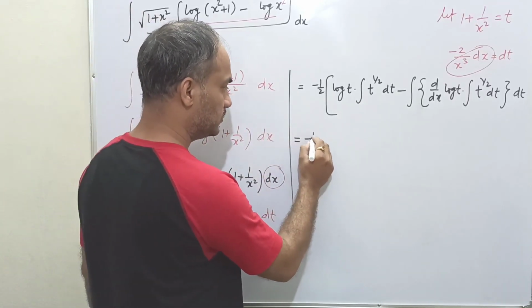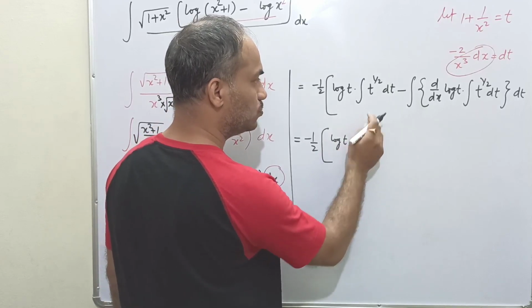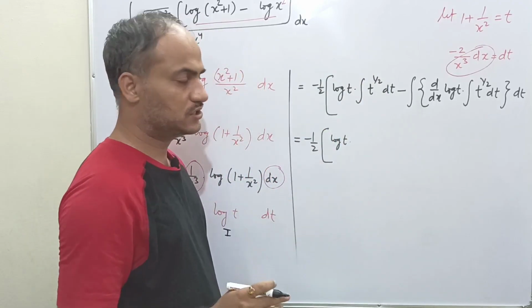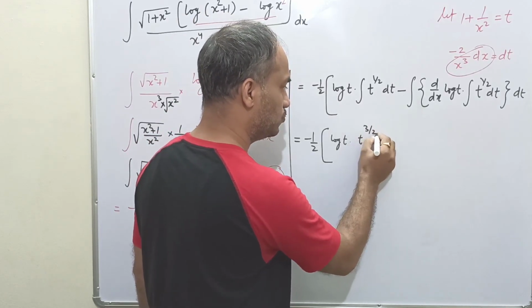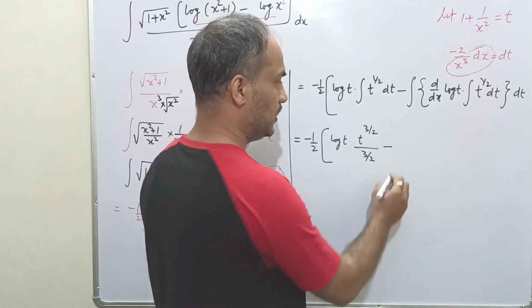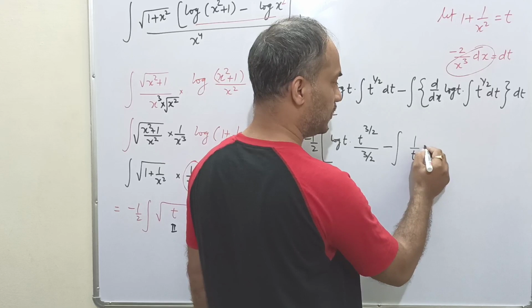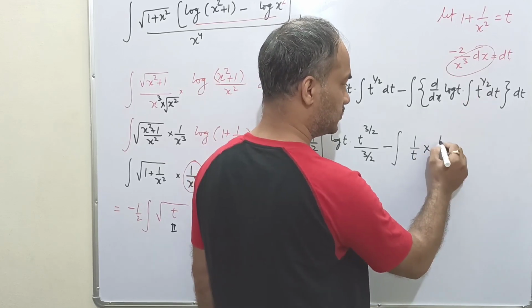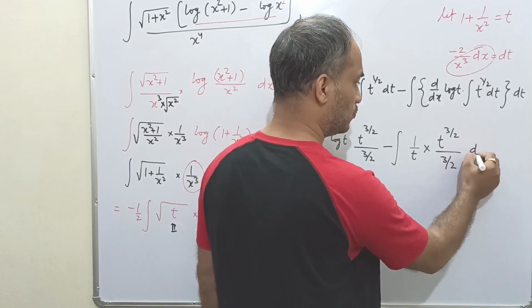So what we get? Log t into t to the power half integration. So this will give us t to the power half plus 1, means 3/2, whole upon 3/2, minus integration sign, differentiation of log t is 1/t into integration of this is t to the power 3/2 whole upon 3/2.